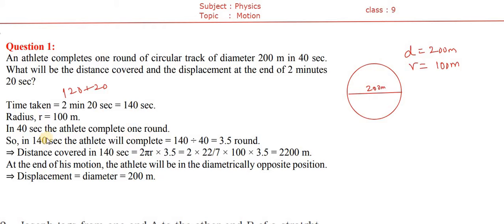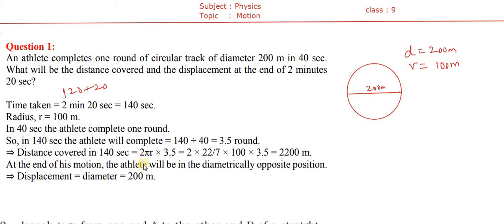In 40 seconds the athlete completes one round. So in 140 seconds the athlete will complete 140 divided by 40, that is 3.5 rounds. So he completes 3 rounds, and along with that he starts from here and ends here.